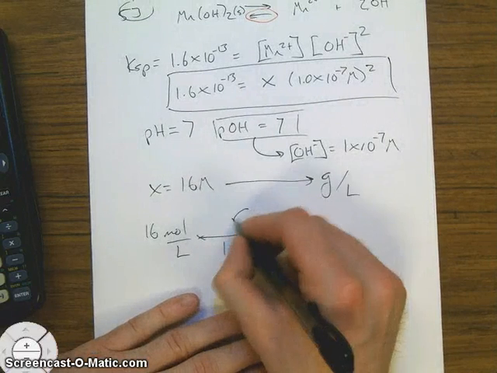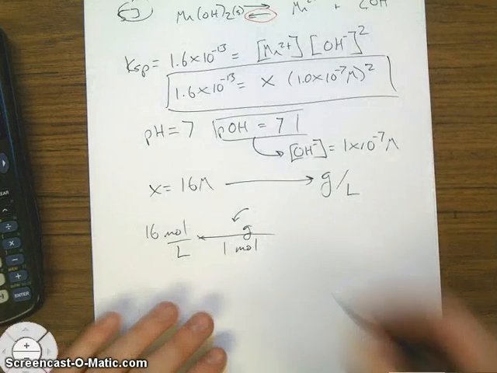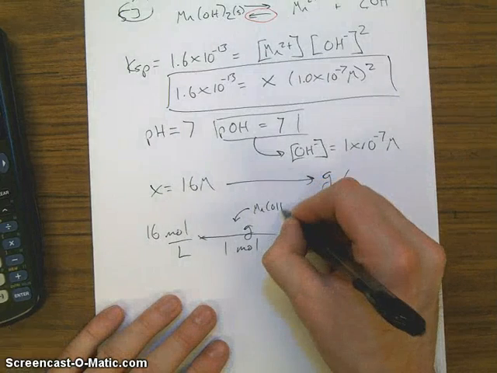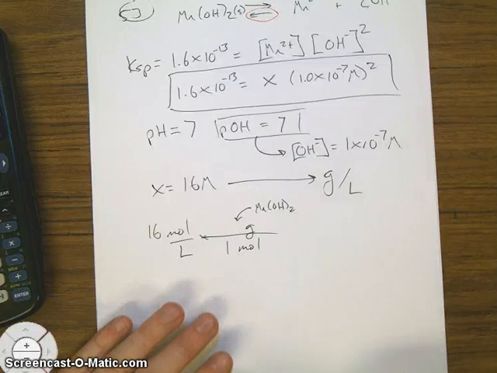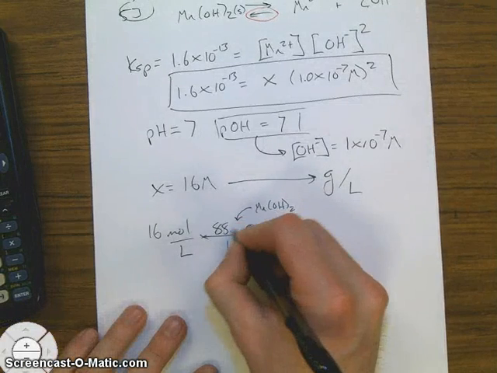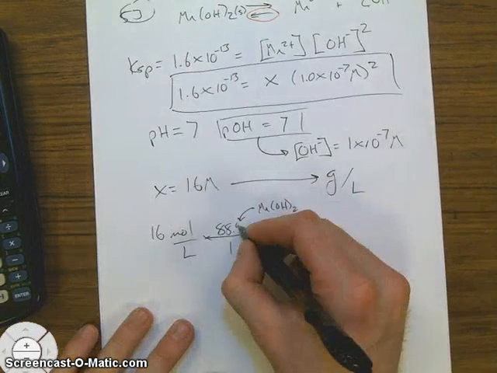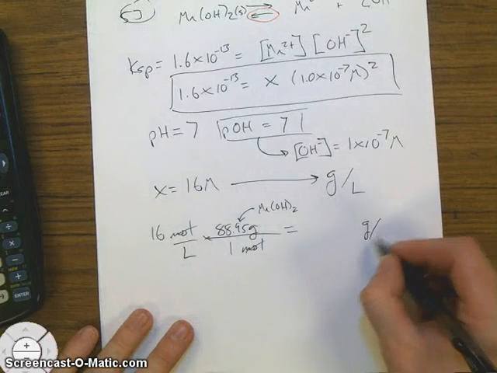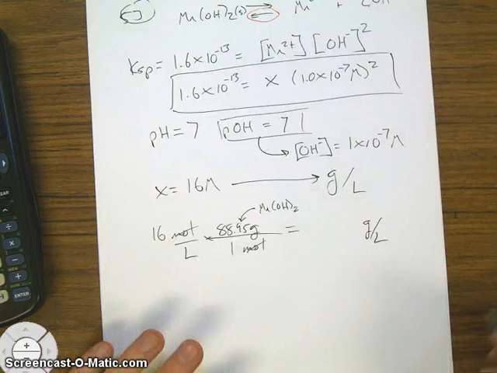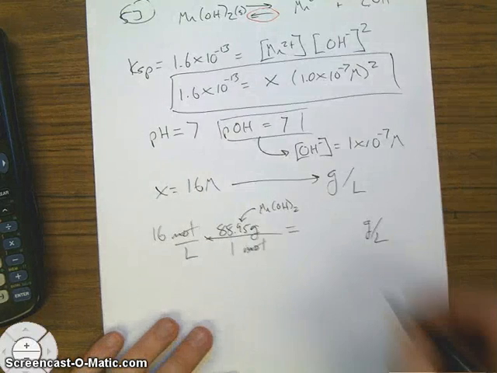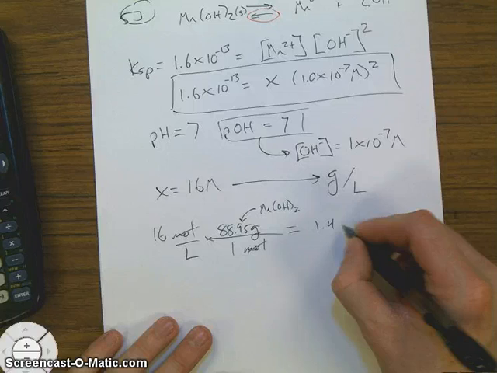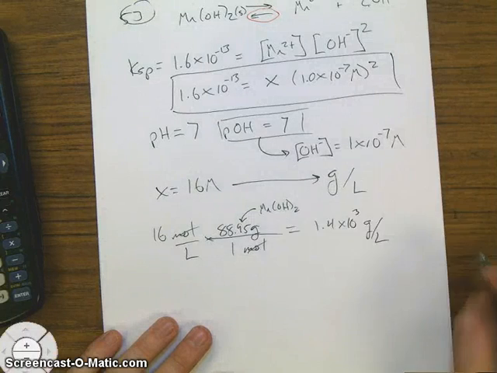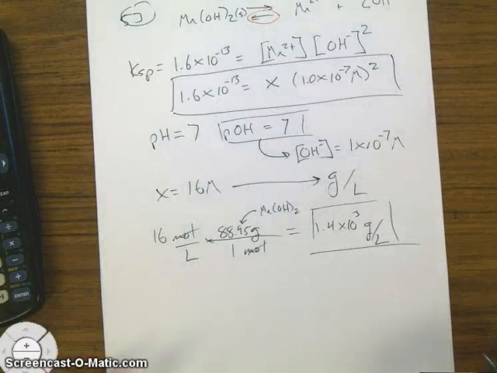And then this, of course, is going to be my molar mass for manganese hydroxide. And that molar mass ends up being 88.95 grams. When I do my conversion, I end up with grams per liter, which is what it was asking for, and that's 1.4 times 10 to the third grams per liter of manganese hydroxide.